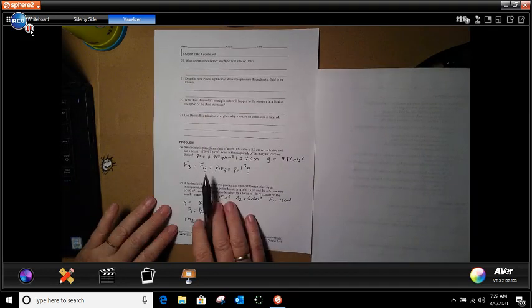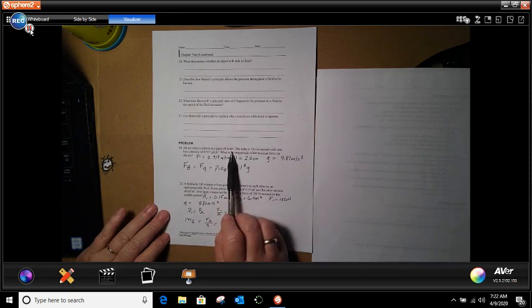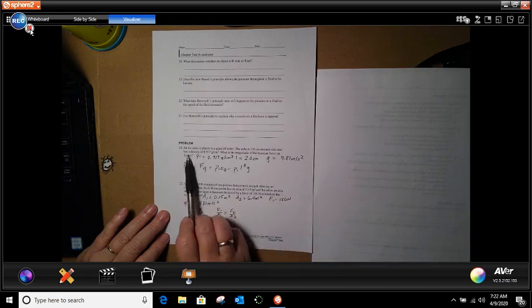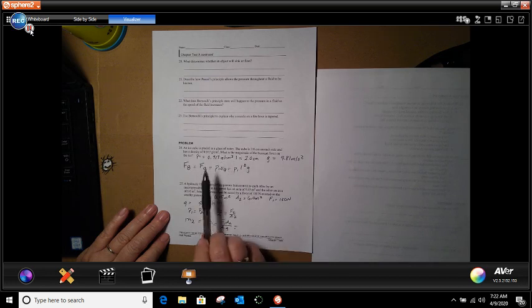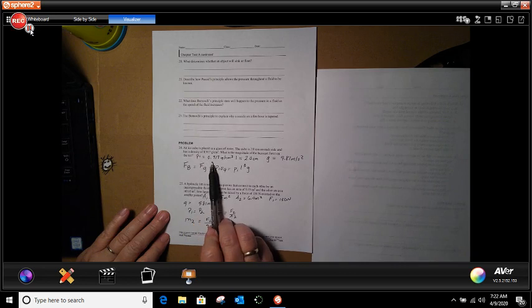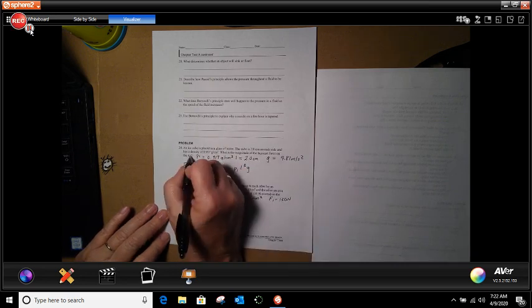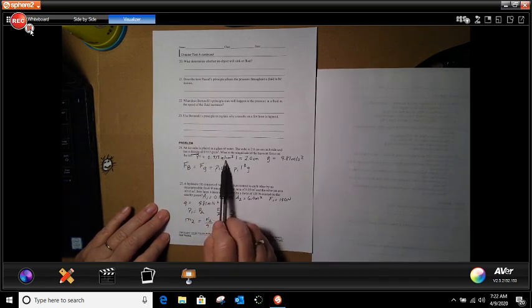Number 24 says that an ice cube is placed in a glass of water. The cube is 2.0 centimeters on each side and has a density of 0.917 grams per centimeter cubed. So I'm giving you some things. Rho stands for density, and it equals 0.917 grams per centimeter cubed.